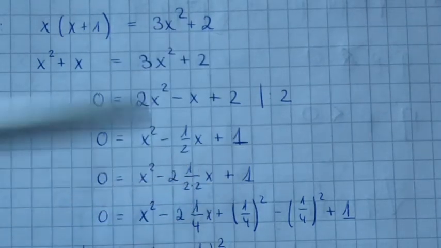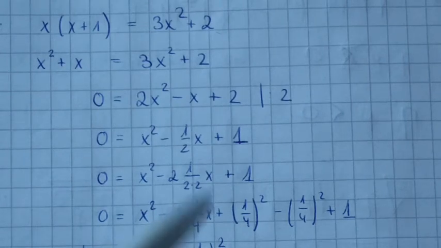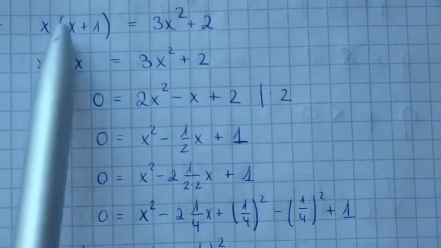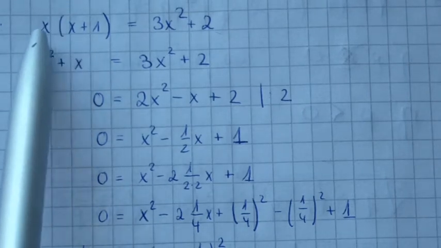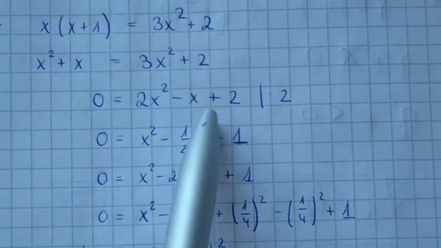Okay, now the first step that you have to do here is always when you have brackets and you don't see something cleverly to do, just multiply all brackets out here, but only here when solving quadratic equations or equations in general. So you multiply everything out, you get x times x, this is just x squared, x times 1, you get x. On the right hand side we couldn't do anything really.